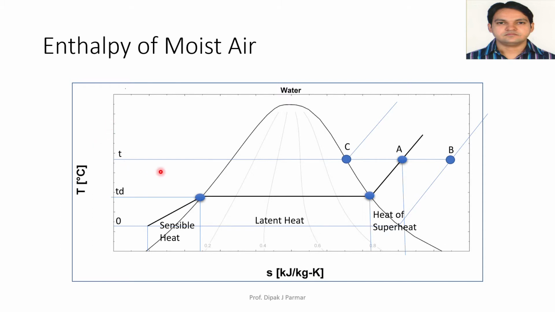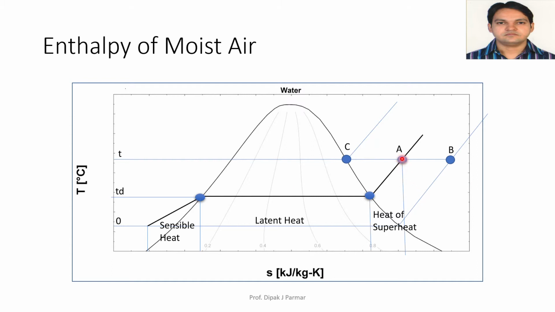Again, we have a TS diagram where point A is the actual moist air. If I want to calculate the enthalpy at point A, it will be the enthalpy of dry air at A, so that will be Cp into T. The temperature at A is T. Now plus the enthalpy of water vapor.